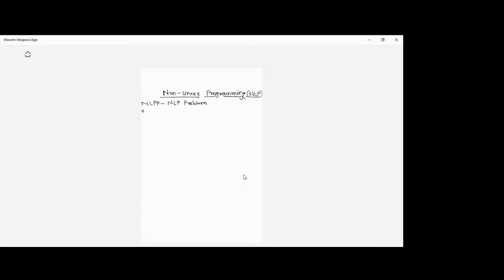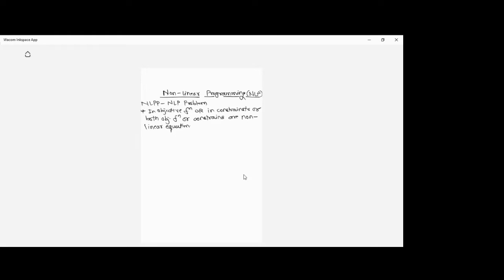So basically, in the objective function, or in the constraints, or it may happen in both the objective function and the constraints, there are non-linear equations, right?